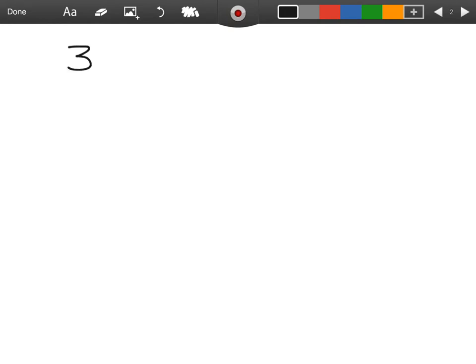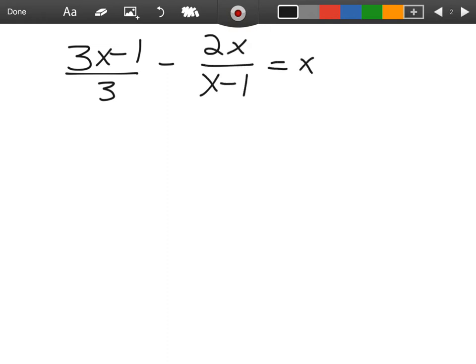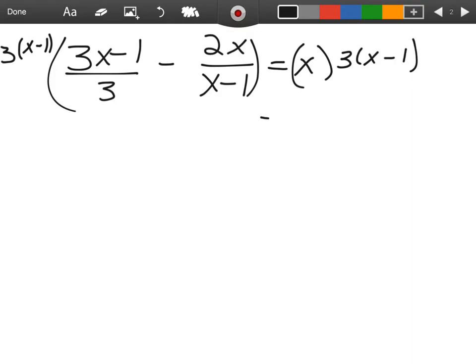Let's do another one. 3x minus 1 over 3, let's do minus 2x over x minus 1 equals x. Now in this case, the common denominator is going to be 3 times x minus 1. On the right-hand side, we end up with 3x times x minus 1. 3's cancel on the first one, so I'll have x minus 1 times 3x minus 1.